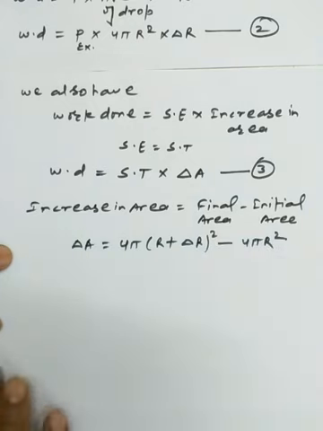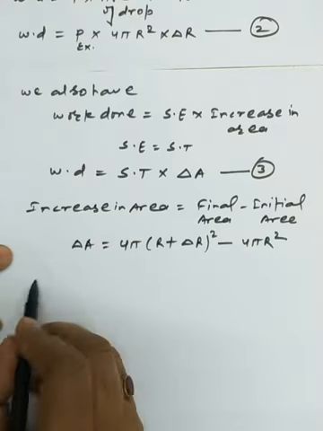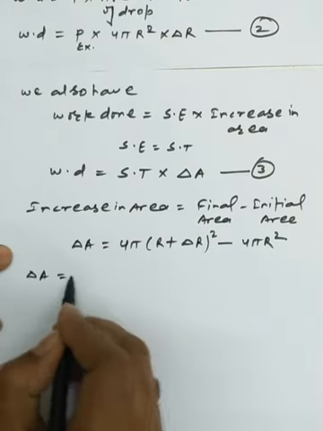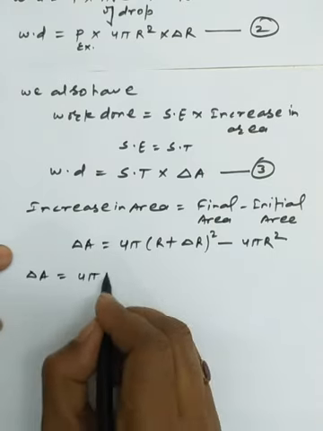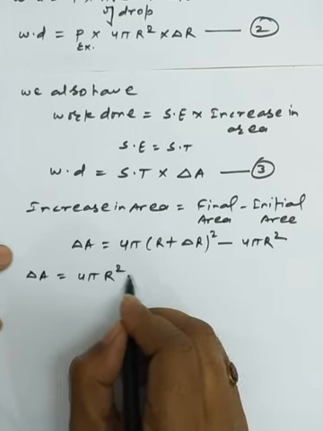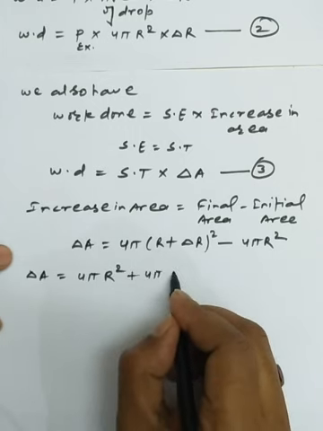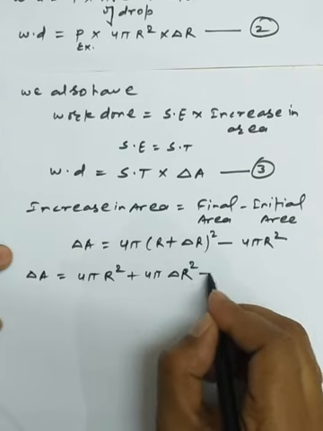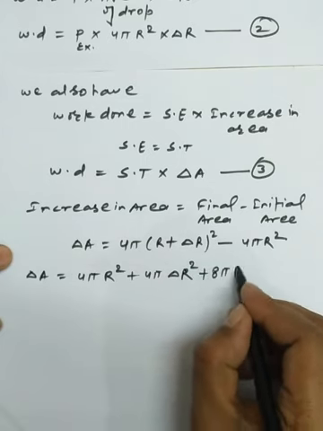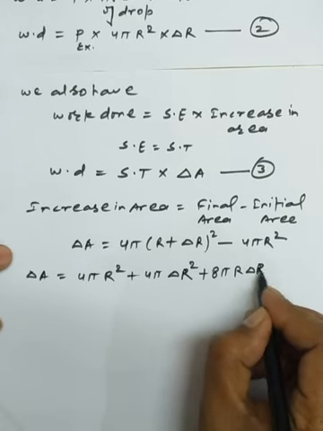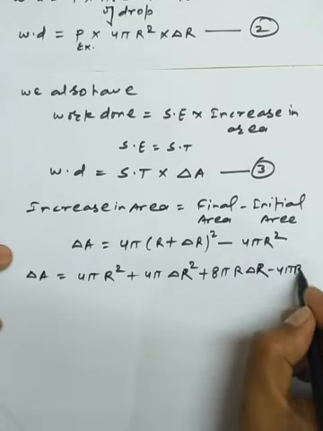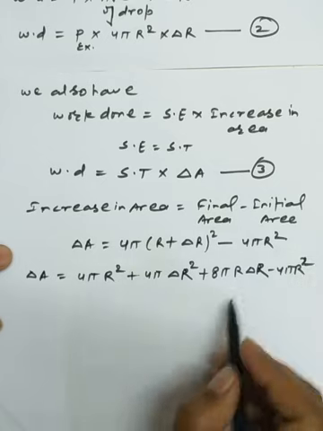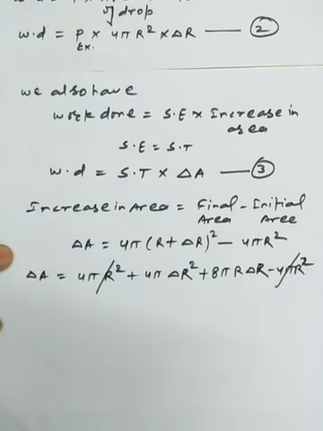Here we are just solving that part. So delta A comes to 4 pi r square, plus 4 pi delta r square, plus 8 pi r delta r, minus 4 pi r square. Here we get the cancellation of 4 pi r square.